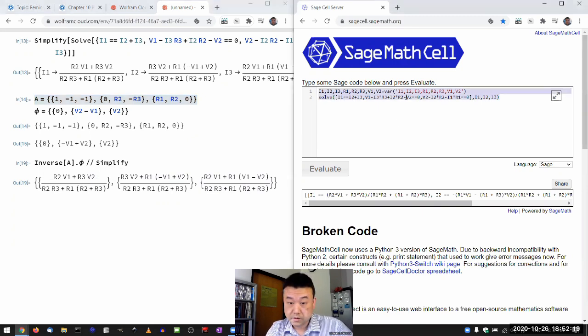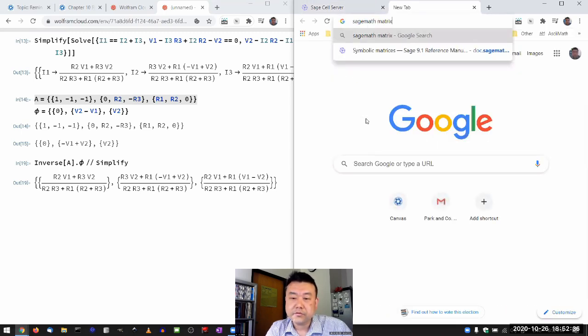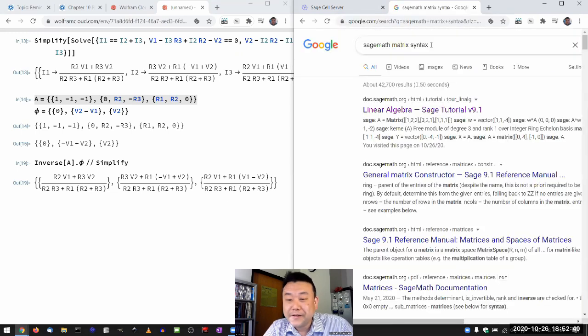I'm still going to need to declare my variables, so let me leave that alone. And my coefficient matrix will be, I think, let me look up matrix syntax. SageMath matrix. Oh, well, let me just pretend I didn't search before.